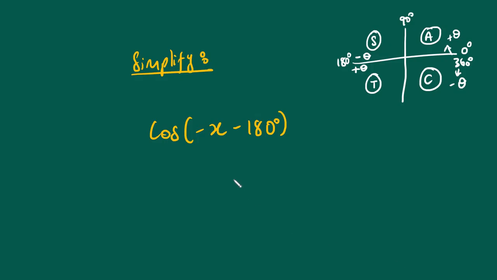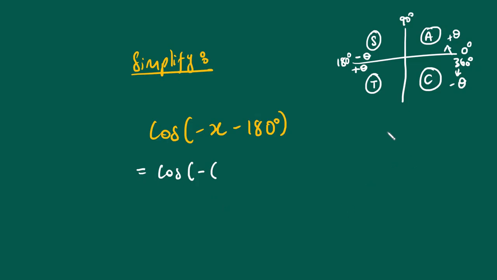Now when you're working with these problems, guys, the first thing I want you to do is rewrite this. I want you to rewrite cos and then open the bracket. Then I want you to put a negative outside, and after that open a bracket.